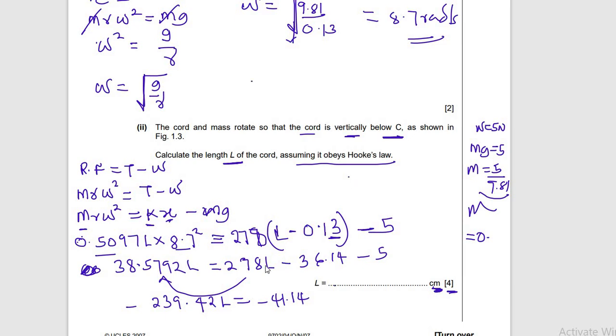Cancel the minus and divide both sides by 239.42. So L will give us 0.1718, this is in meter. Take it back to centimeter the way the question wanted, times 100. We're going to have 17.2 centimeter. So L is 17.2 centimeter. This is the end of the circular motion worked example.